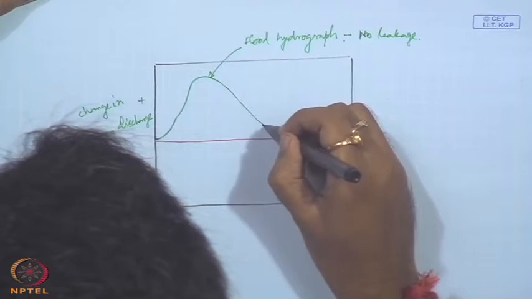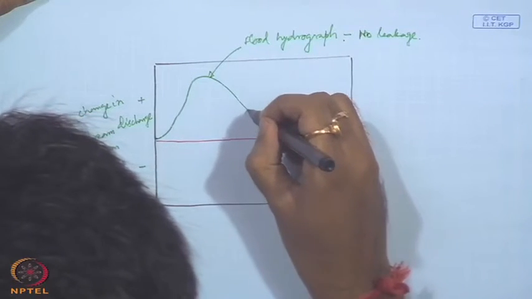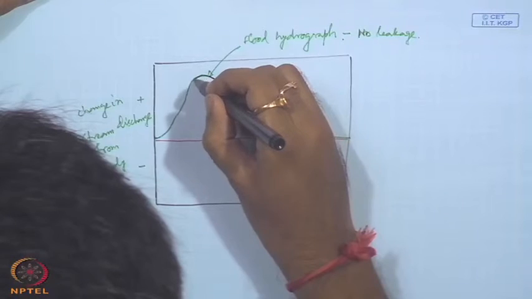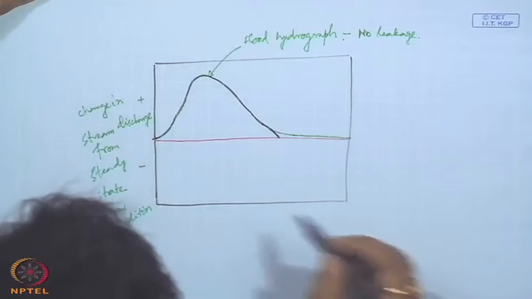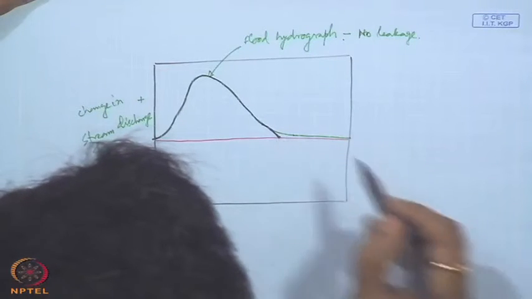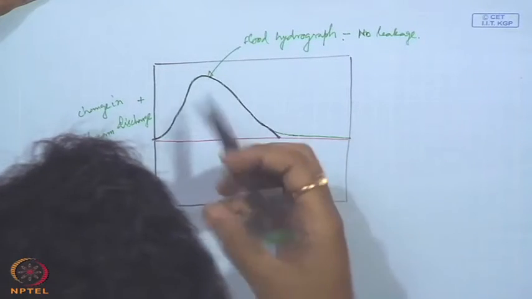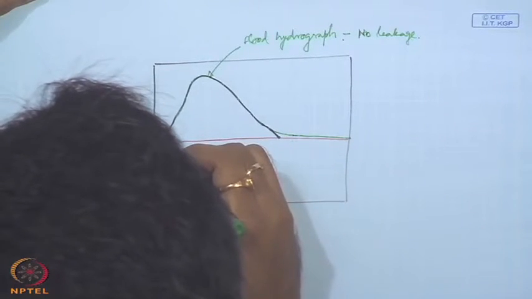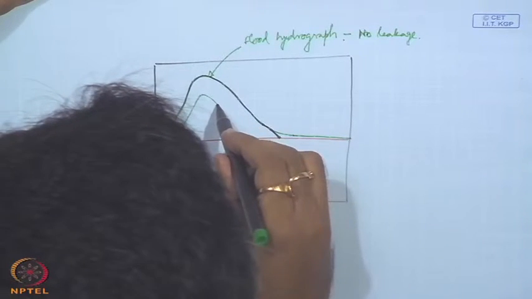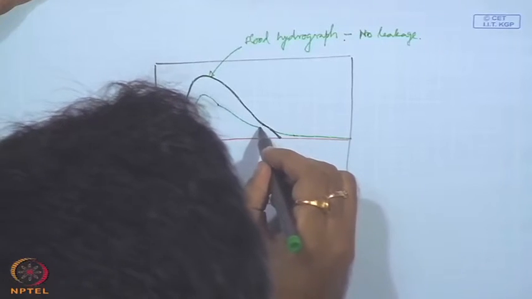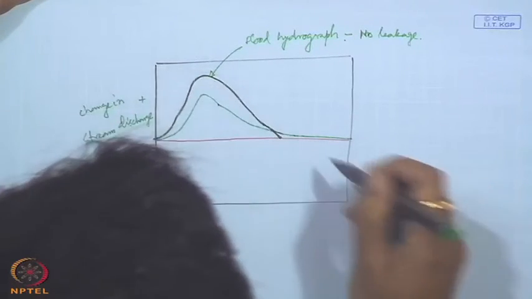It will merge here, and with leakage there will be a reduction, this green line.